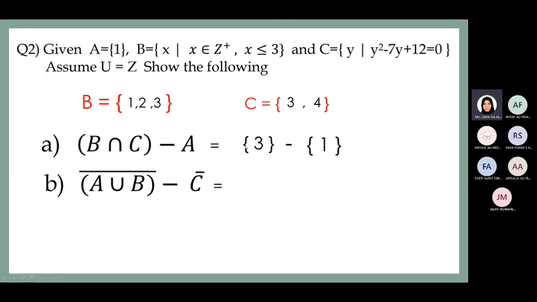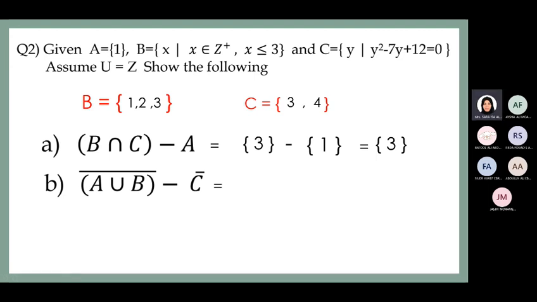So the result will be the set after removing 1 from it, but 1 is not there, so the result will be the same, {3}, because I will not remove anything. Minus means removing with the set, not subtract. Nobody should write a number 2. I'm not subtracting the numbers. I'm removing. I will remove 1 from the set, but actually 1 is not there, so there is nothing to be removed.